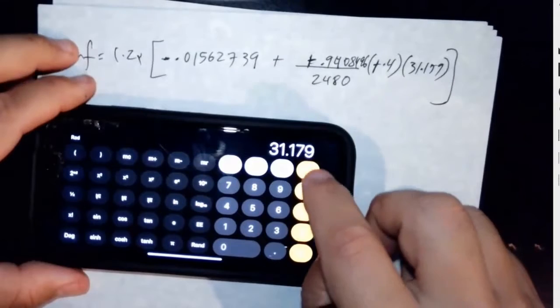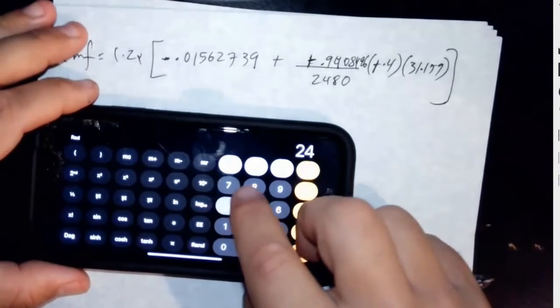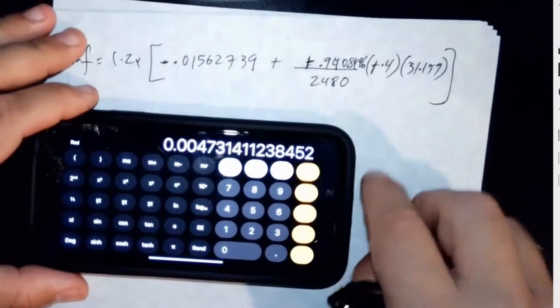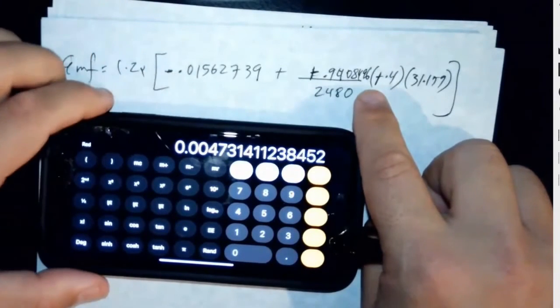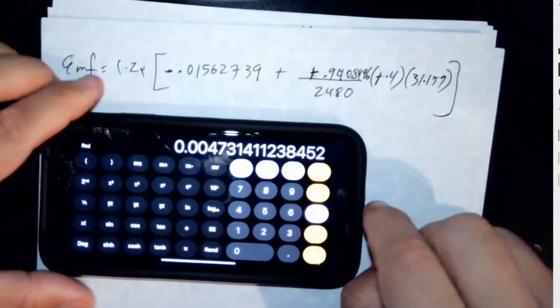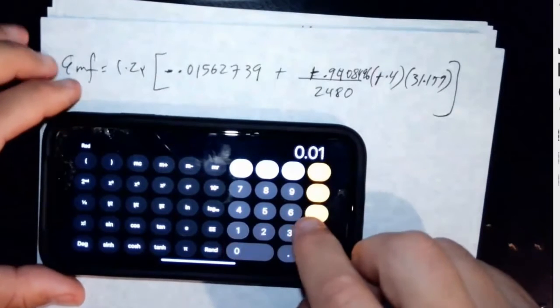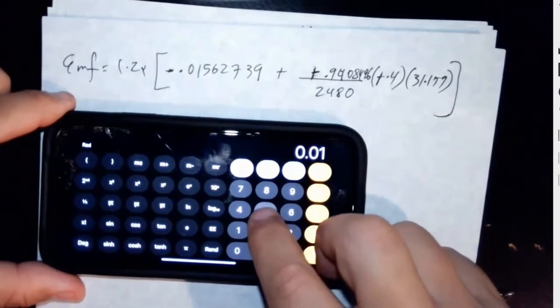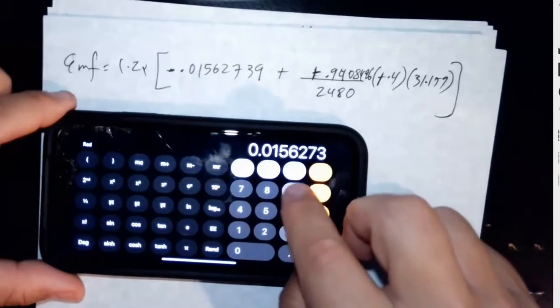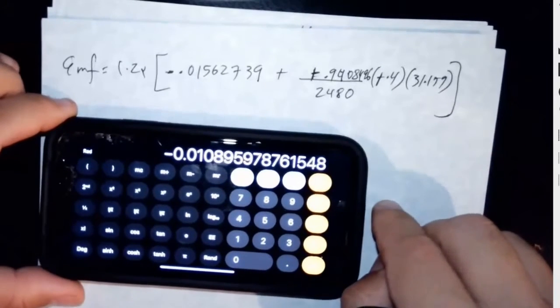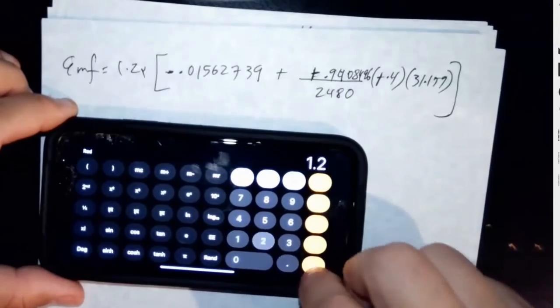31.179 divided by 2480. It's positive, but then this is a bigger negative. So then negative 0.01562739. Okay, times 1.2.